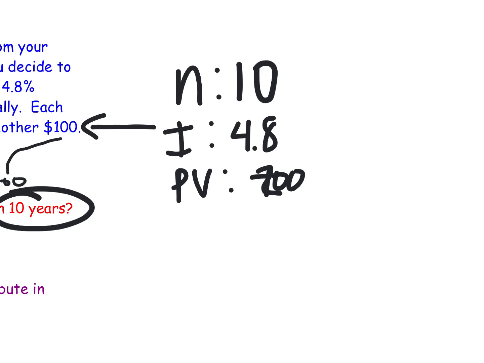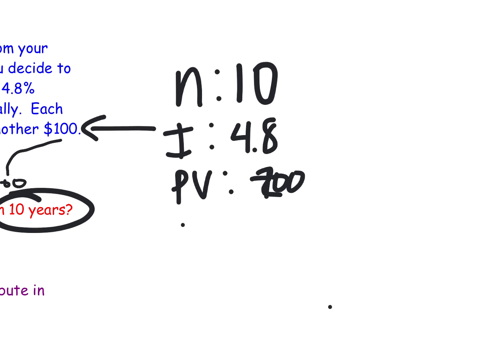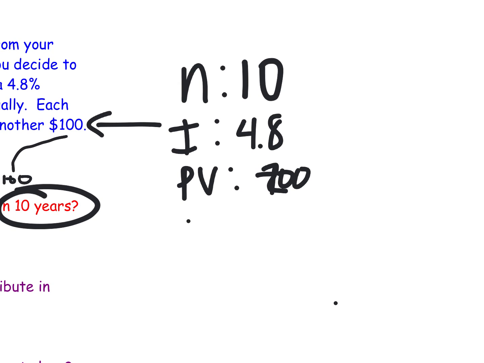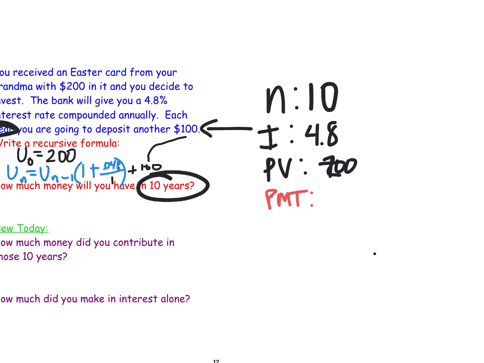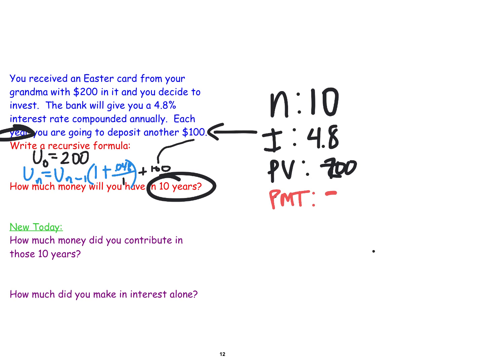What's after PV? What letter is after PV? PMT. Okay, what's that stand for? What do you think PMT is? Payment. Okay. And how much is the payments? Negative 100. Yep, you're going to put in another 100.